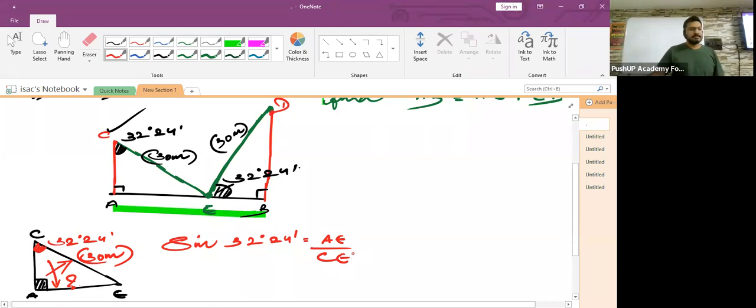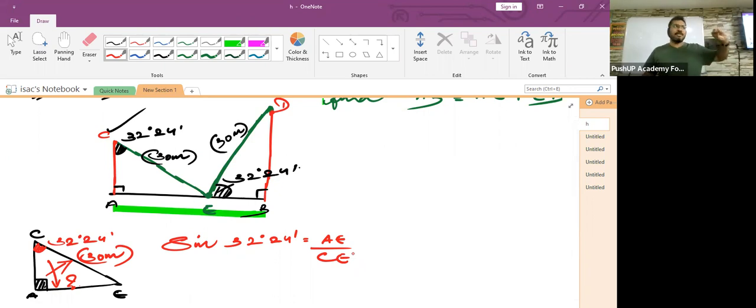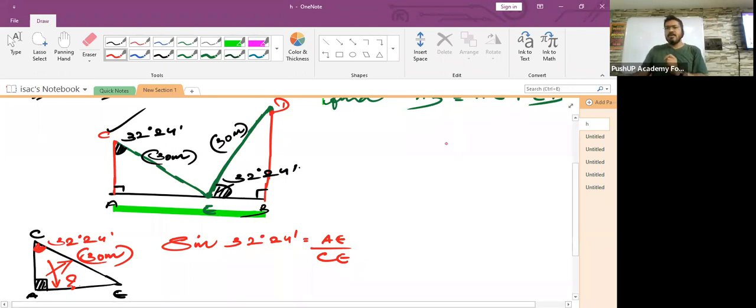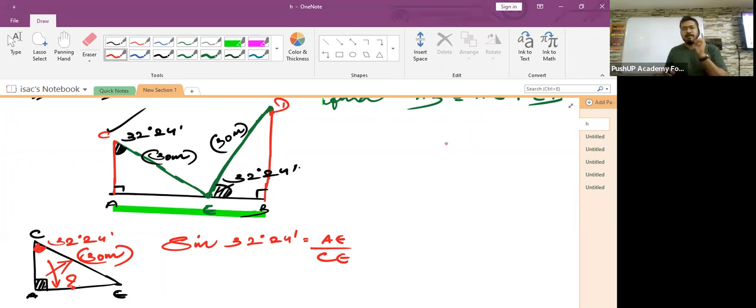Make sense? All right. Now, children, please be careful. If this method leads you to division of two numbers, I would rather say stop doing. You remember, children, in the last session which we did on Wednesday, I had told you this. The moment you see that you are going to face division of two numbers, and in this heights and distances chapter, it will always be the division of a 2 or 3 digit number with a 4 decimal digit number.